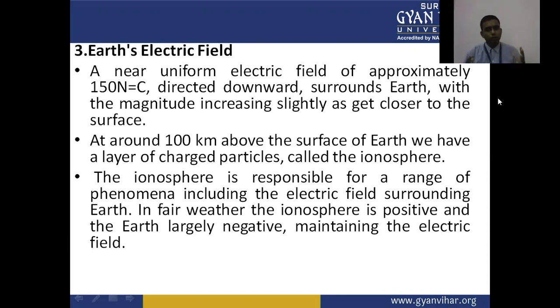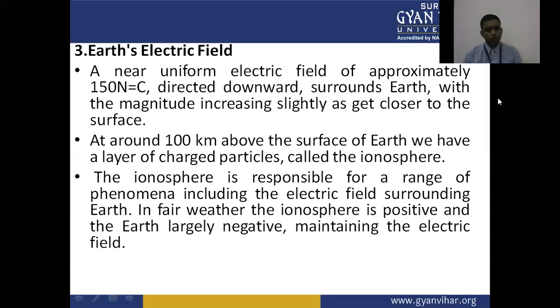So the near uniform electric field is approximately 150 newtons per coulomb directed downwards, surrounding the earth, with the magnitude increasing slightly as we get closer to the surface. When we move to the surface of the earth, the magnitude increases slightly.